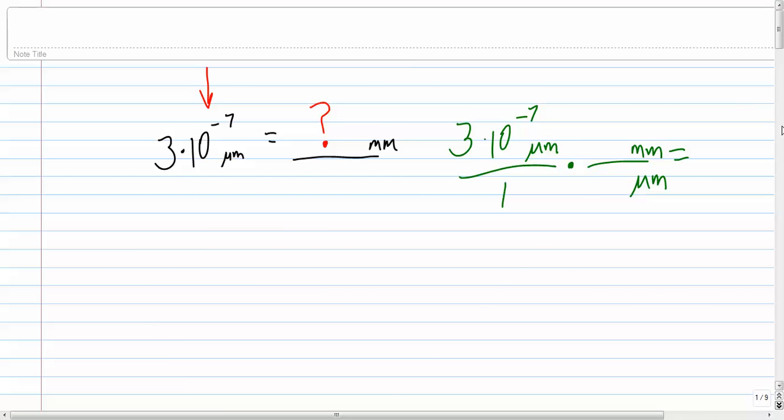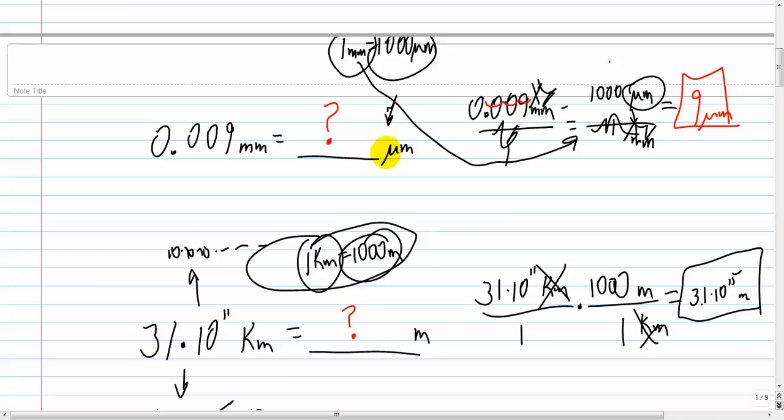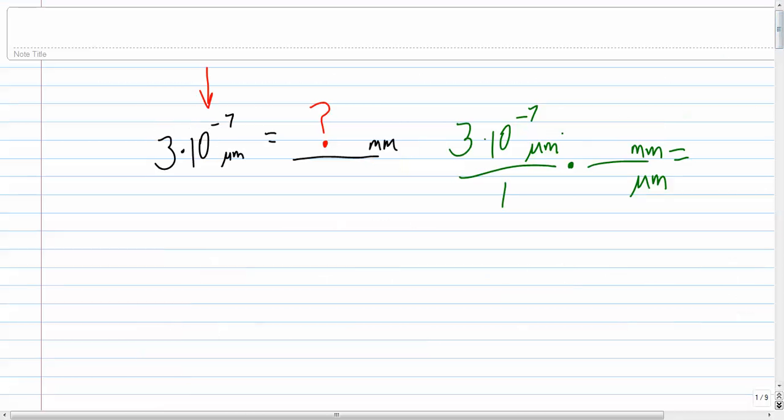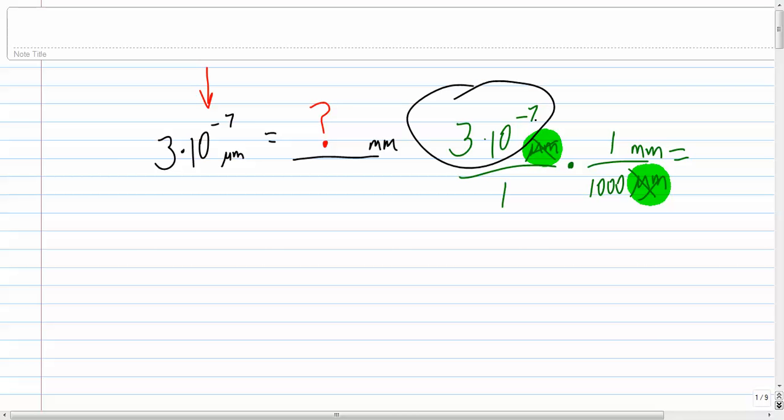And from the last page, we saw that 1 millimeter is 1,000 micrometers. What's that going to cancel out for us? That's going to cancel out micrometers, so they'll be gone. And what do we do here? Well, we've got this on top and this on bottom, so we're just dividing. Now, maybe you remember the scientific notation rules.